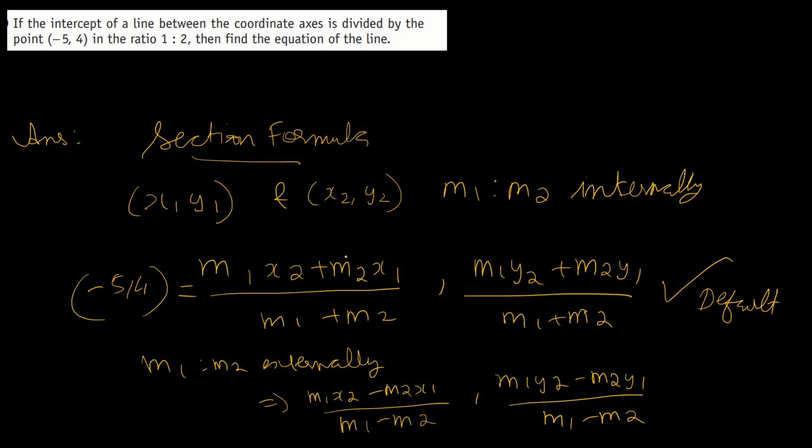Since we don't know what x1 y1 and x2 y2 are, and the coordinates and the ratio m1, m2 are given, we have to find the equation of the line.